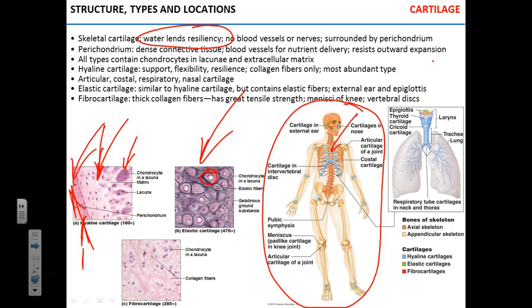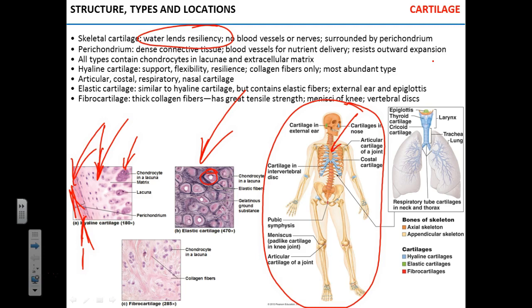I sometimes call hyaline cartilage jack of all trades, master of none. So it's decently elastic and it's decently solid, mechanically resilient. Okay? It doesn't have the elasticity of elastic cartilage or the mechanical resilience of the fibrous cartilage, though.